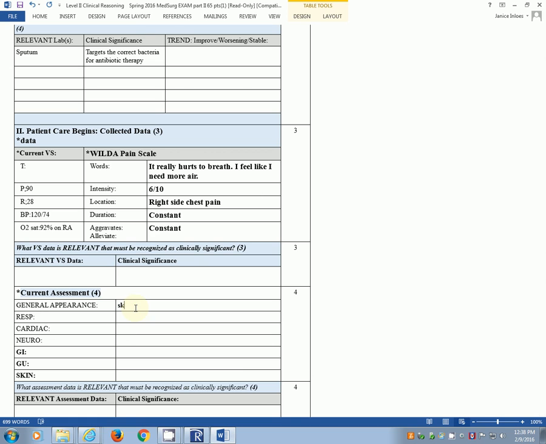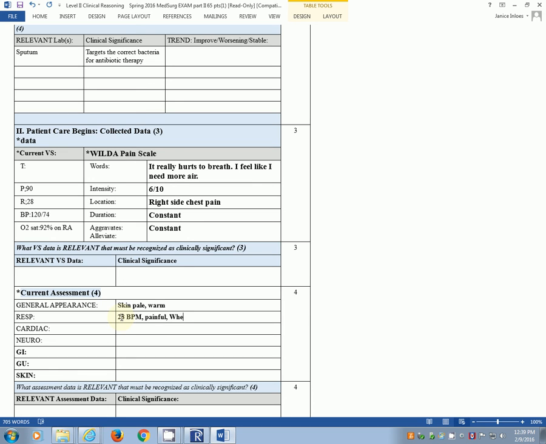Her skin is pale. Sorry about that. Warm. Respiratory, 28 breaths per minute. Painful.